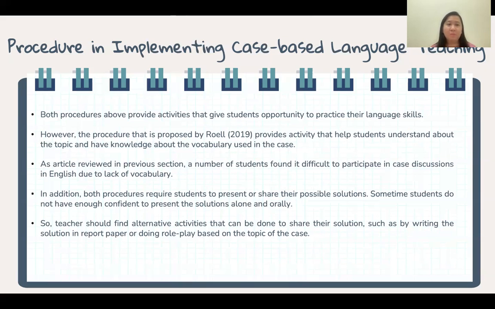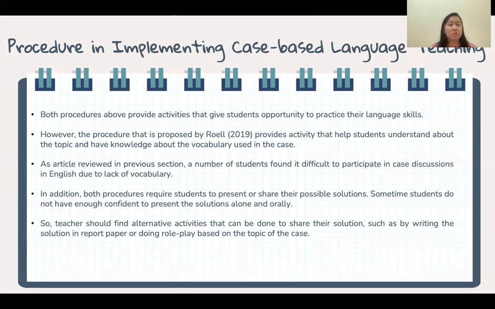Both procedures, from Rules and Hurinovics, provide activities that give students opportunities to practice their language skills.